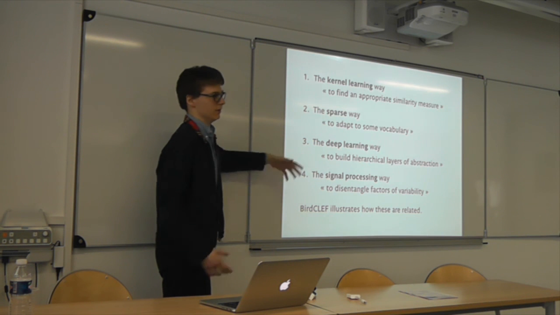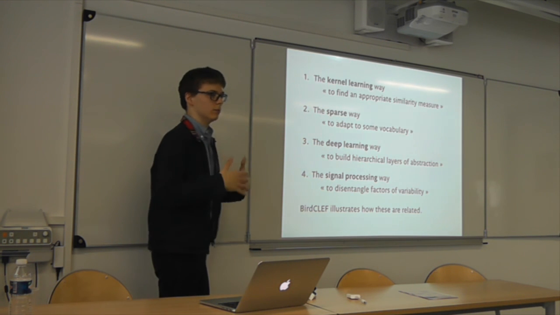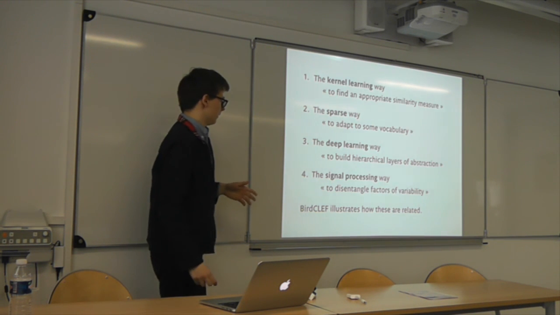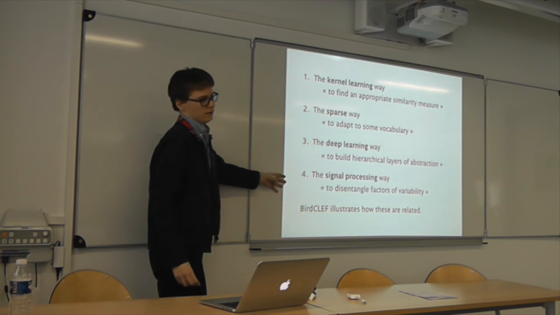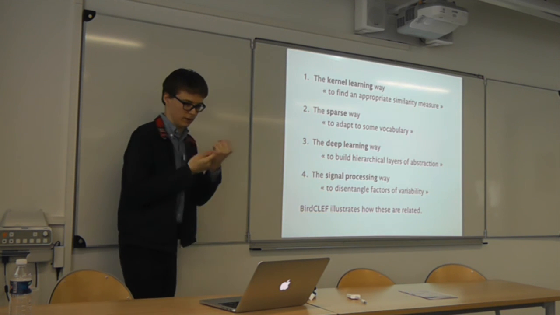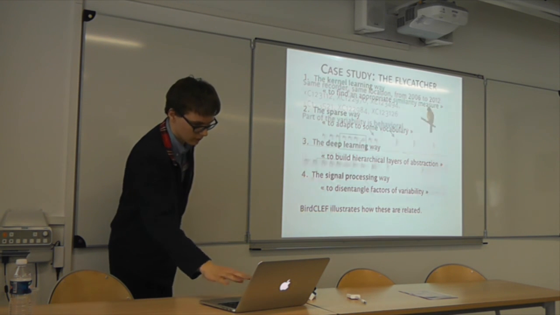On top of maybe a deep learning architecture that would go from the more fundamental small-scale features to the more abstract concepts. And finally, in the end, it's a signal processing problem about modeling the distribution of the data.